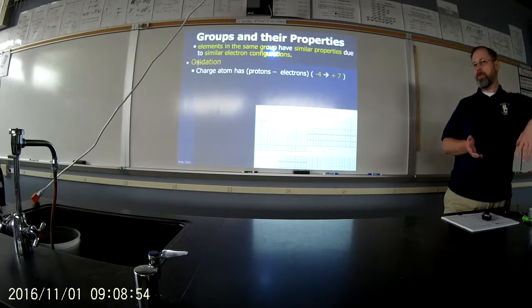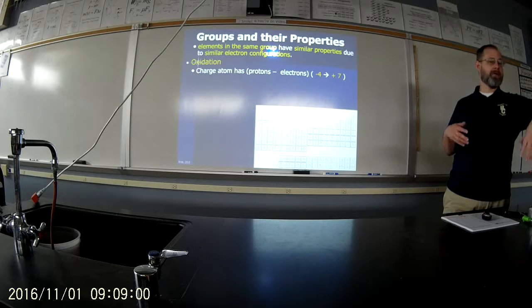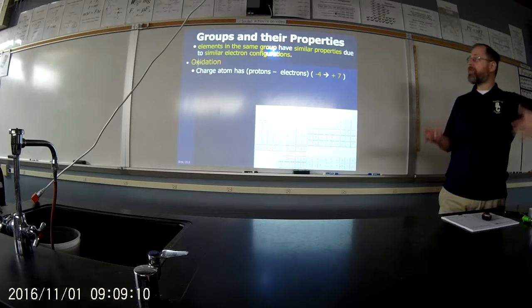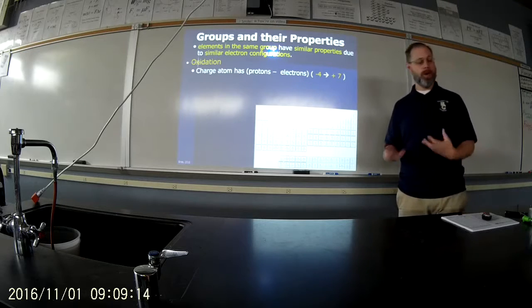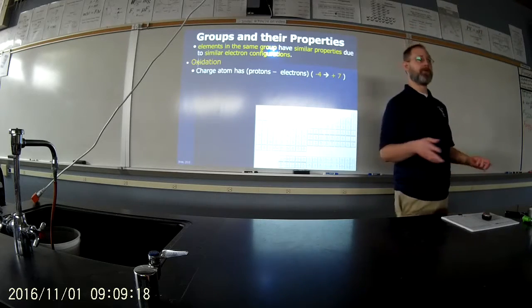Oxidation is both the difference between the protons and electrons of an ion and the charge an atom has when it completes its octet. So oxidation is the charge something has when it completes its octet, when it bonds. And oxidation is going to be a huge deal in the next few units.